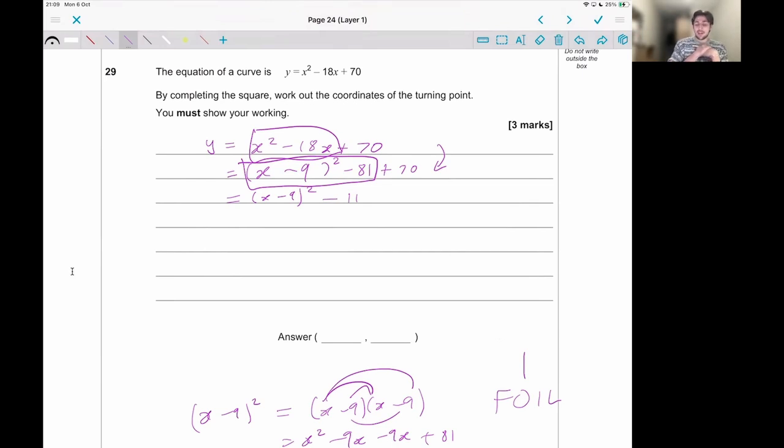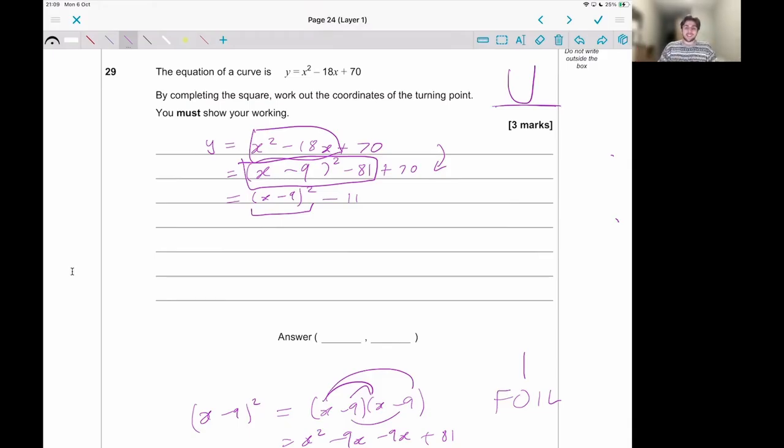How does this give us the turning point? Well, the turning point, given that we know it's this U shape, is the minimum point. It's the lowest point that we get to. Now, this x minus 9 squared is a square number, or something squared.